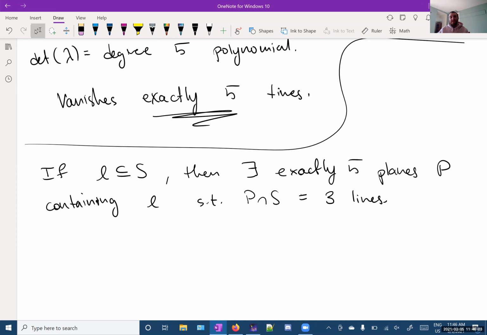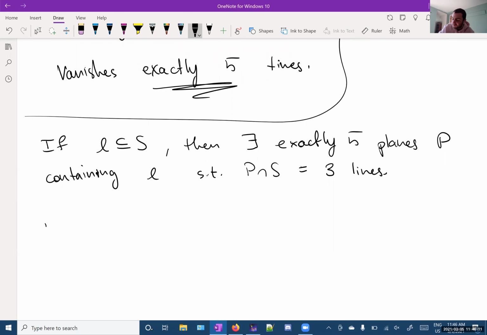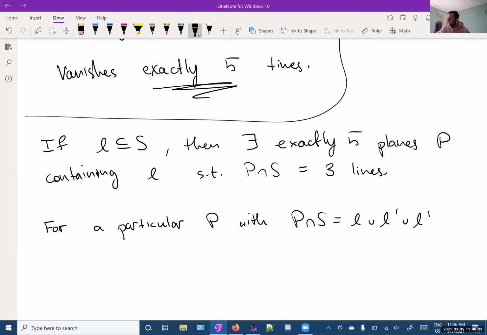Okay. What can we say about these lines? Well, they all intersect each other. What I mean by this is, for a particular plane P with P intersect S equal to L union L prime union L double prime, L intersects L prime, so L cap L prime is a point.